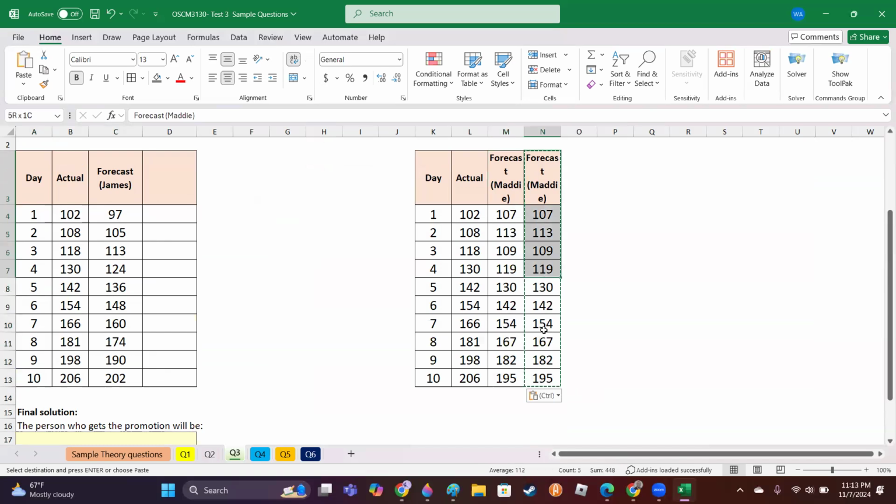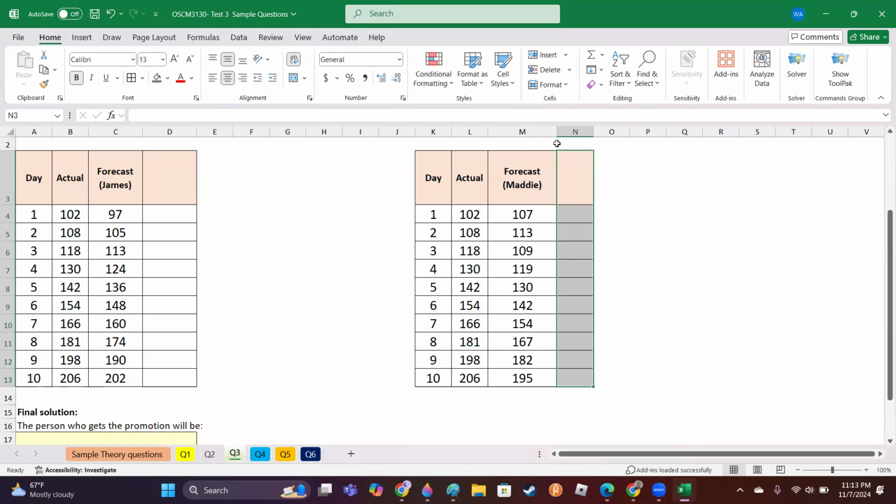We're interested in comparing the two. So let me start with James. And to make my life easier, I want to do exactly what I did for James to Maddie's data, so that I can possibly copy and paste, so I'm not repeating this twice.